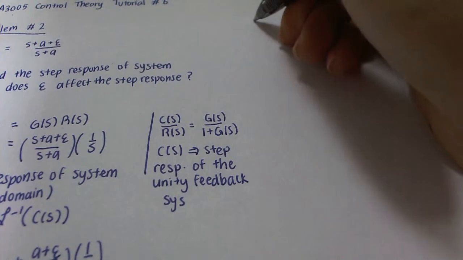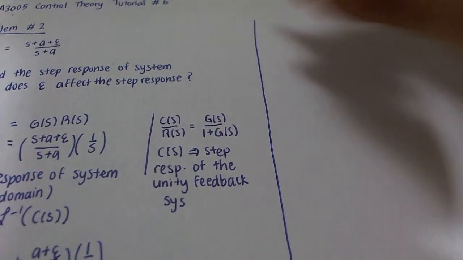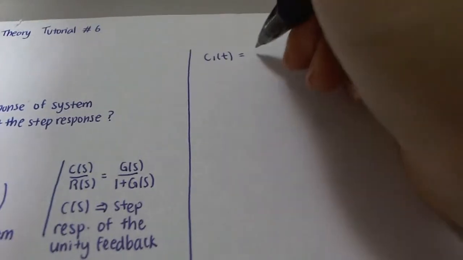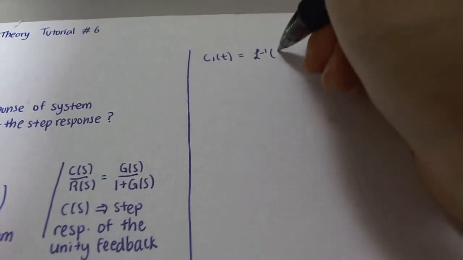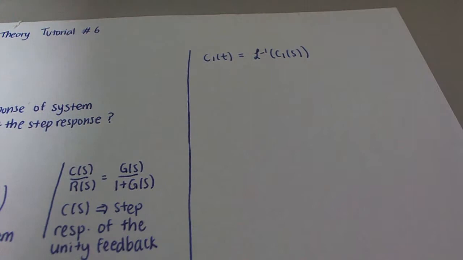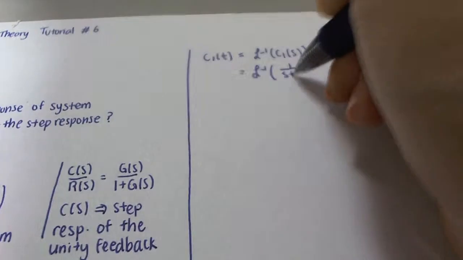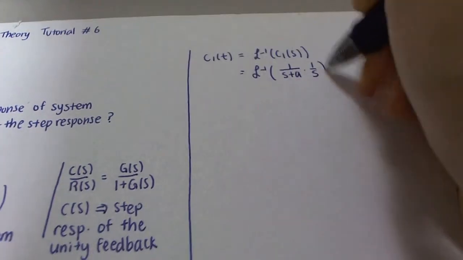So first of all, C1(t) equals the inverse Laplace transform of C1(s). And that is equal to, plugging in C1(s), 1 over (s + a) multiplied by 1 over s.